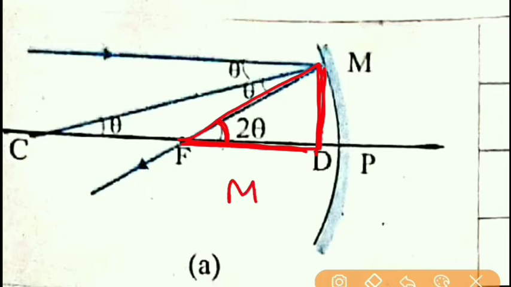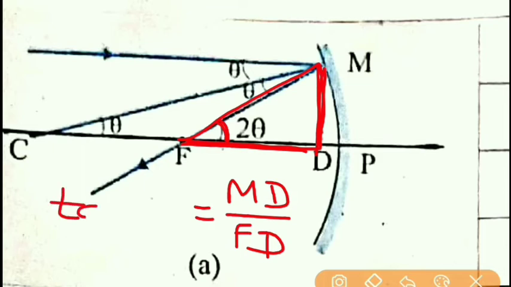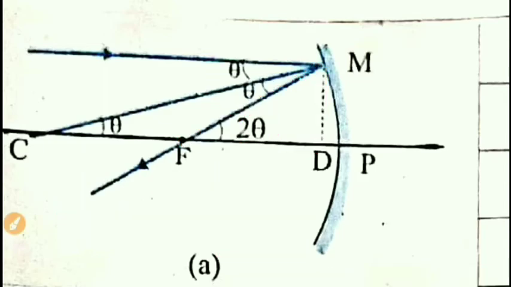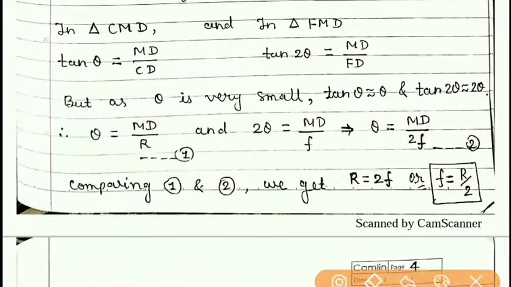So we know that MD upon FD is equal to tan 2 theta. So we can write tan 2 theta is equal to MD upon FD.